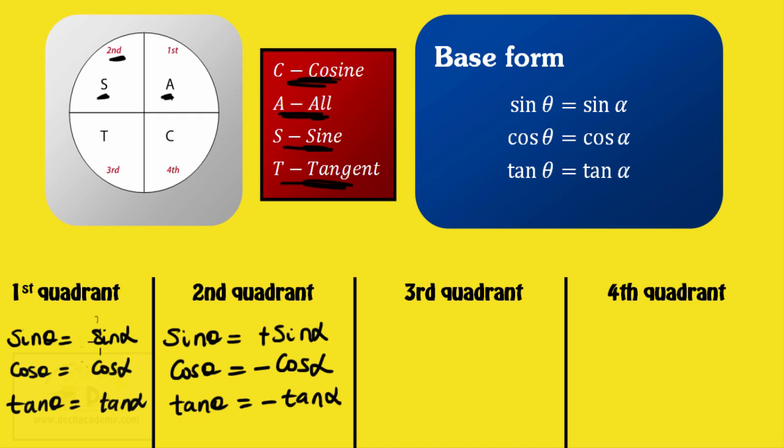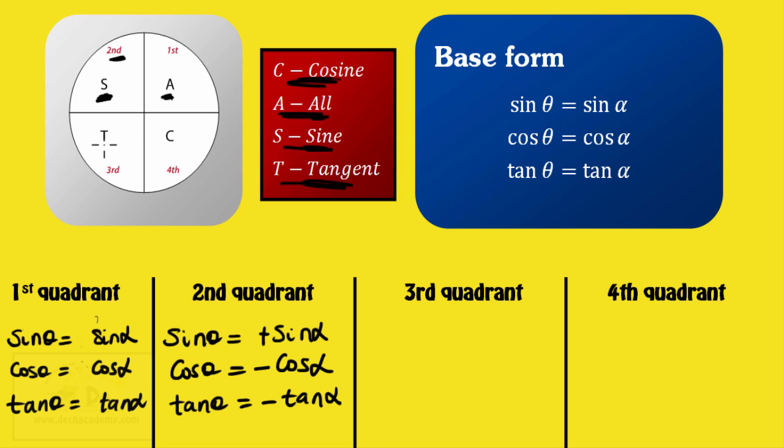So if you look at all the trigonometric functions here, sine alpha, cos alpha, and tan alpha, we essentially have a plus sign in front of them. For an angle in the second quadrant, only the sine alpha has a plus sign in front of it. All the other trigonometric functions like cos alpha and tangent of alpha have a negative sign in front of them. It's going to make sense at the end.